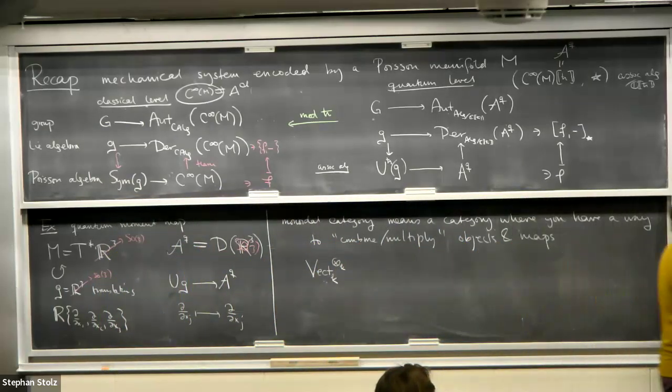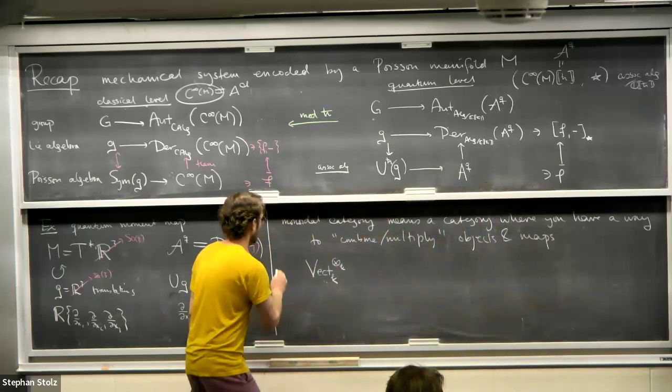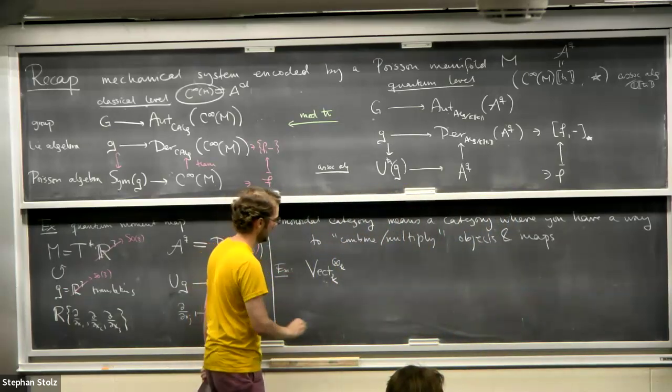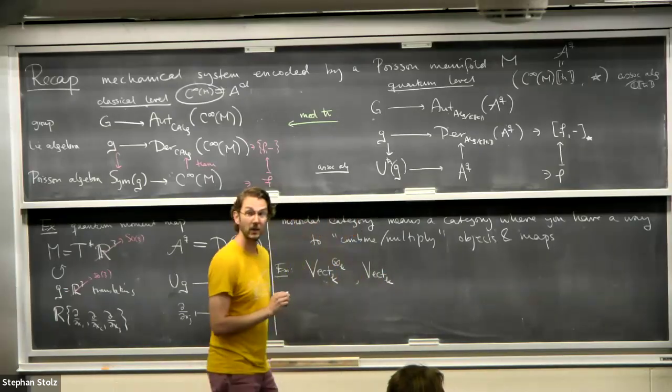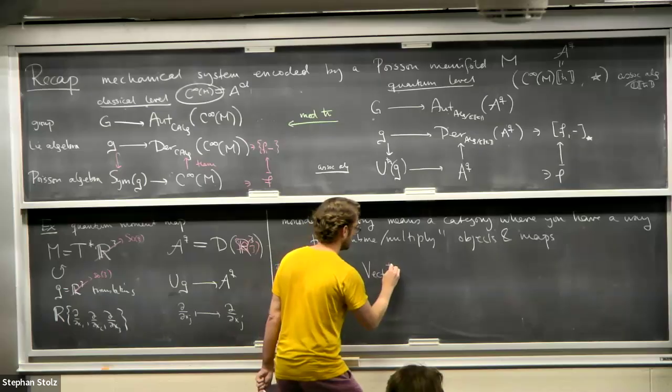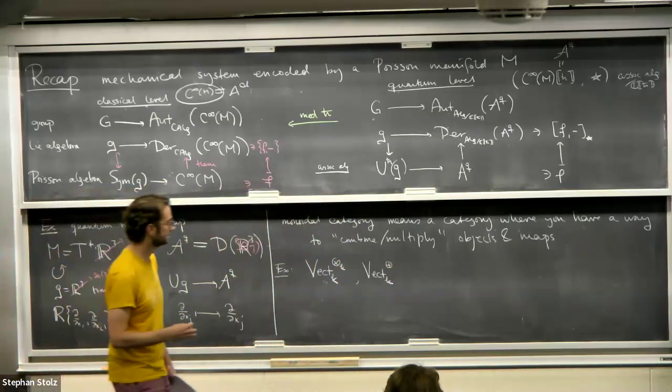So over here, when I write C, with the tensor symbol, C is the category, and the tensor is some symbol for the way to combine objects. Another example, with the same category, is to take direct sum. That's another way of combining vector spaces to get vector spaces.